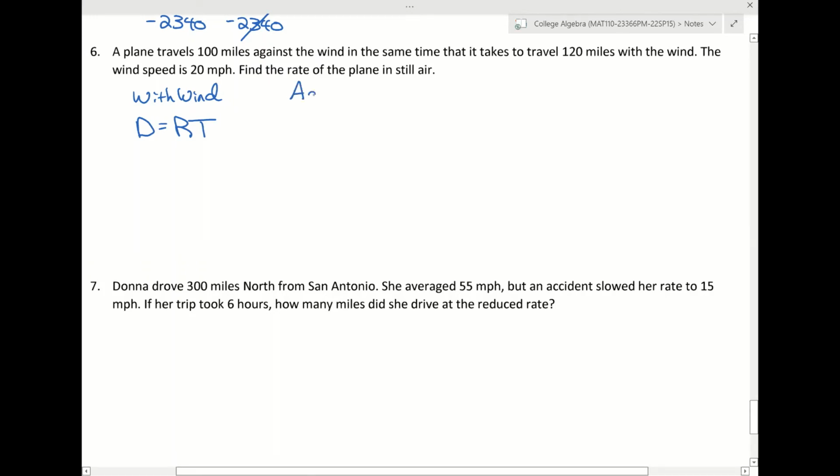And then we're going to have against the wind. With the wind, we're going 120 miles, and that would be our speed plus the wind speed. Against the wind, we're going 100 miles, and that would be our speed minus the wind speed.